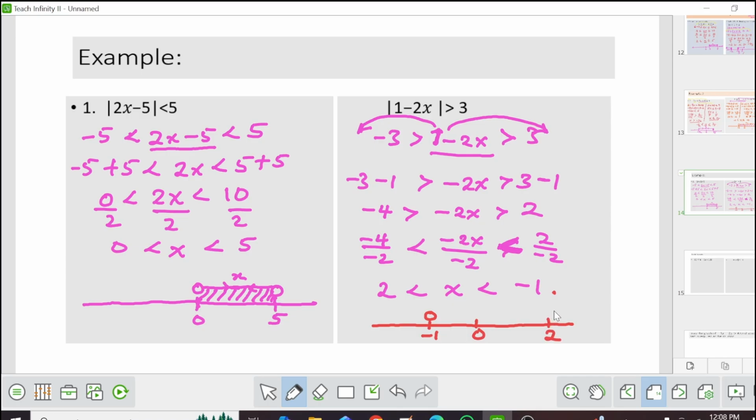So x is greater than 2, and from 2 to this side, x is less than minus 1. That's what you will have for this one.